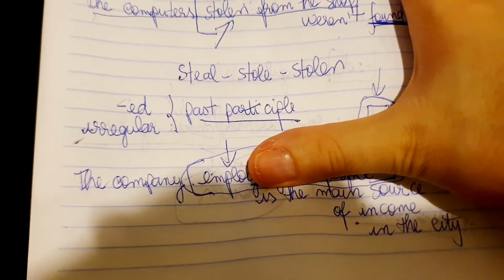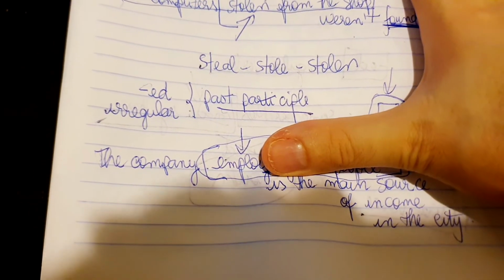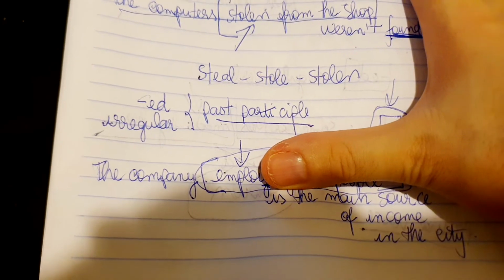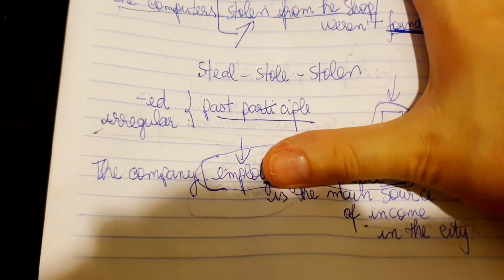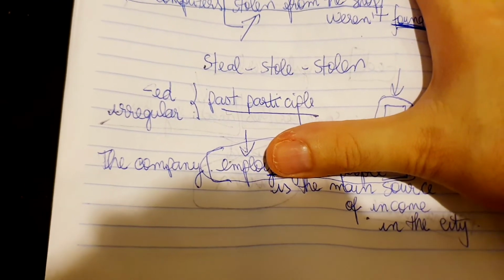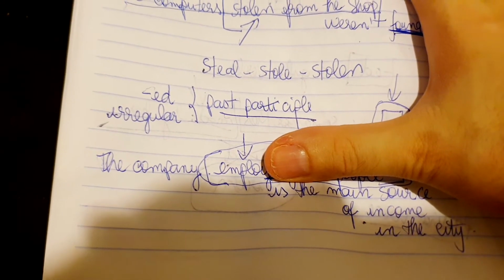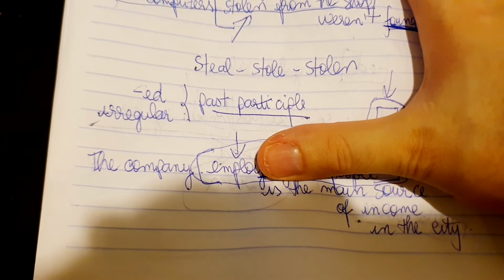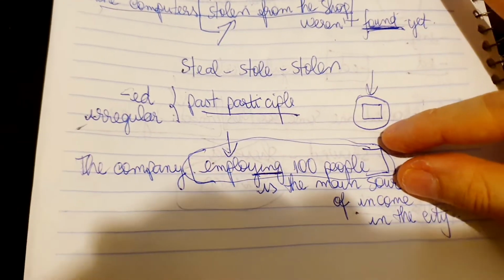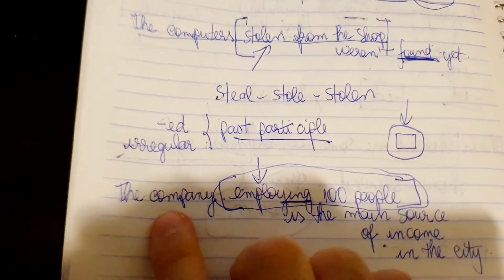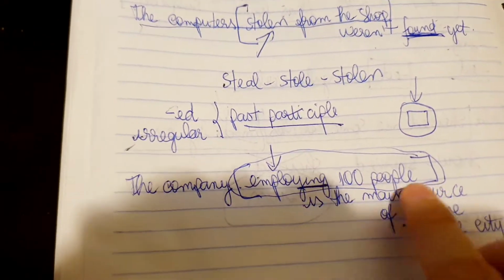I haven't told the name of the company, but the idea it conveys here is complete. I'm talking about a company which is the main source of income in the city. So I give a complementary idea saying that the company employing 100 people.